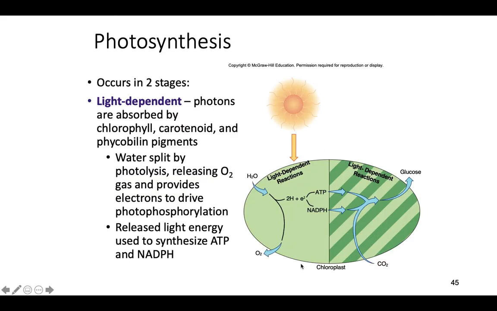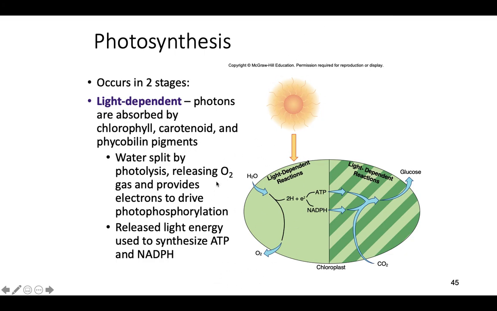So there are two different steps of photosynthesis. There's the light-dependent reactions and the light-independent reactions. It really just depends on the book whether they call them the light and dark reactions or the light-dependent and light-independent reactions. But our light-dependent reactions are going to occur when photons are absorbed by chlorophyll.